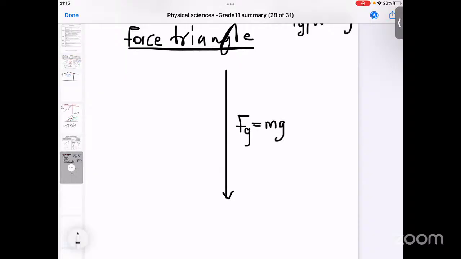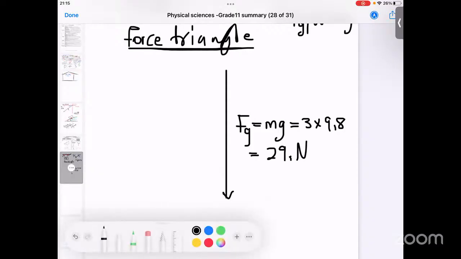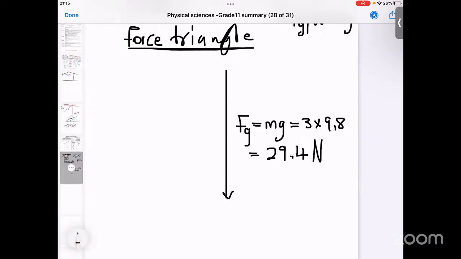What is the mass? The mass, they said, is 3 kg. Let's just multiply it by 9.8 so that we can immediately calculate its value in terms of the weight. So we just say 3 multiplied by 9.8, we get 29.4. Most importantly, in Newton, because this is a force, 29.4 Newton.